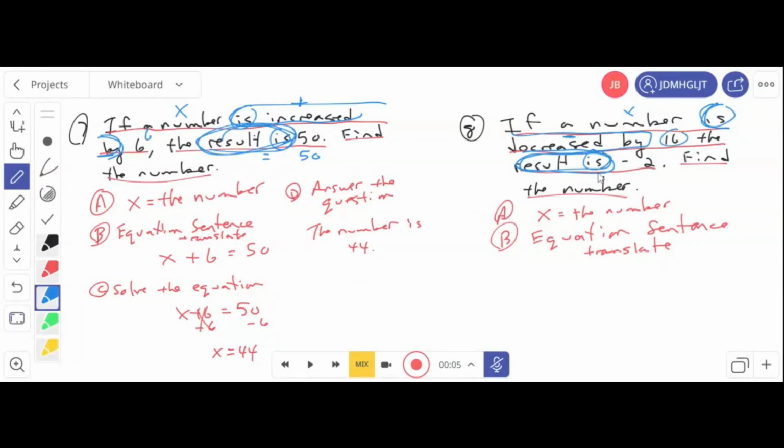The result is means equals -2. So my equation is x minus 16 equals -2. A number decreased by 16, the result is -2. No reverse words. So now we solve.